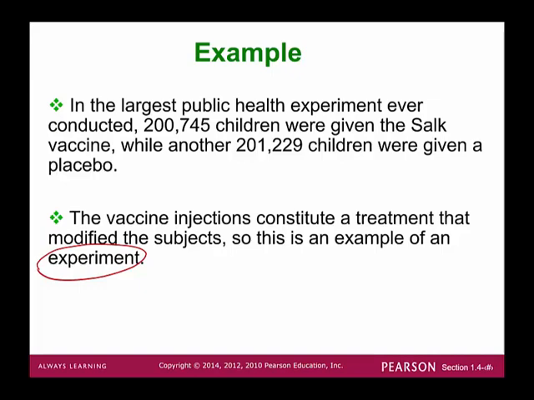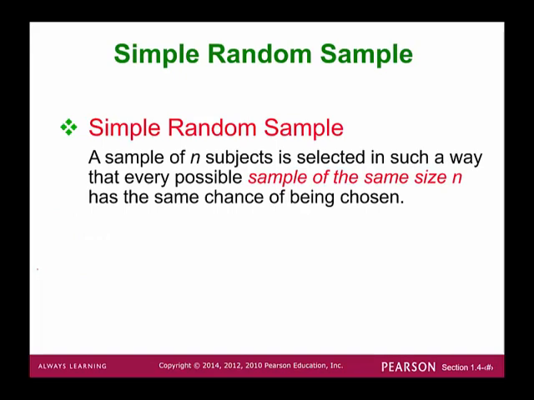So this is an experiment. Now let's get to one of the most important concepts in statistics, the simple random sample. Whenever you conduct a survey, a simple random sample is required. In order to guarantee a good result, you need to have a simple random sample.